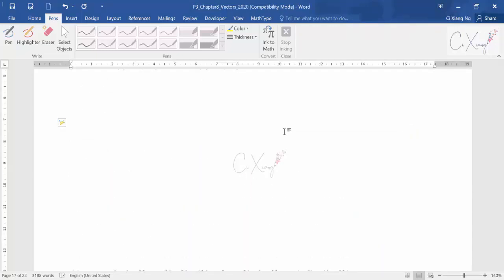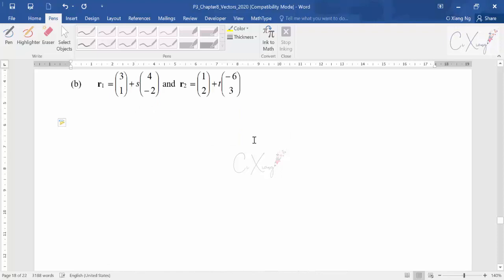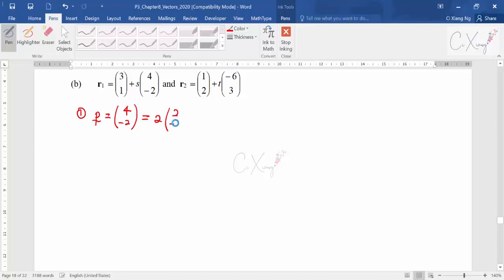Again, part B, if you look at the question, is also a two-dimensional case. First, I want to check whether P is a multiple of Q or not. I will let P equal (4, -2), then I can simplify it further, which is (2, -1). For Q, I get (-6, 3).